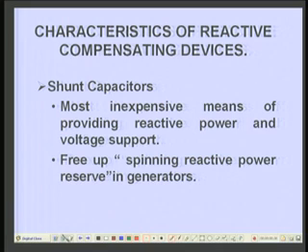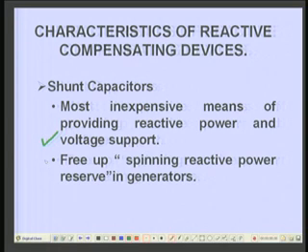The next important device in the power system is the reactive power compensating devices, and one has to model the behavior of the shunt capacitors. The shunt capacitors are the most inexpensive means of providing reactive power and voltage support. Although we have today more sophisticated reactive power compensation devices, the fixed shunt capacitor or switched shunt capacitor are the most inexpensive devices.